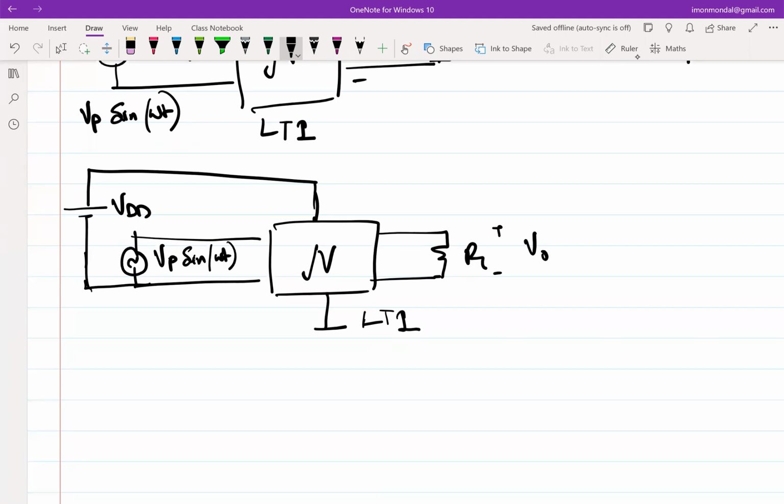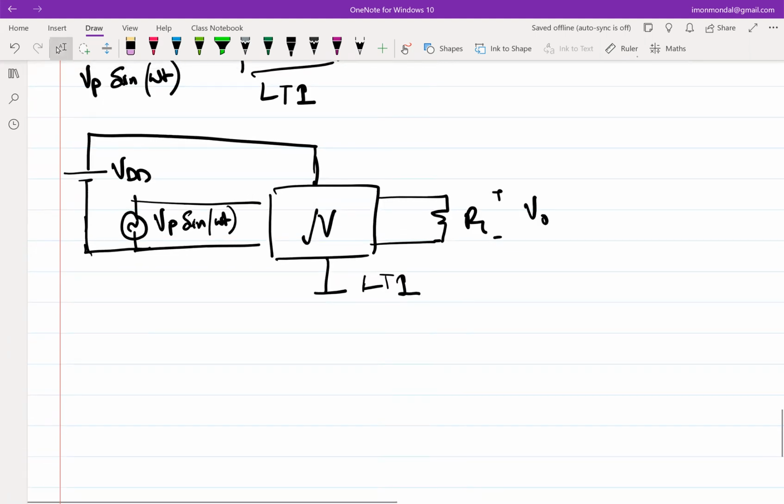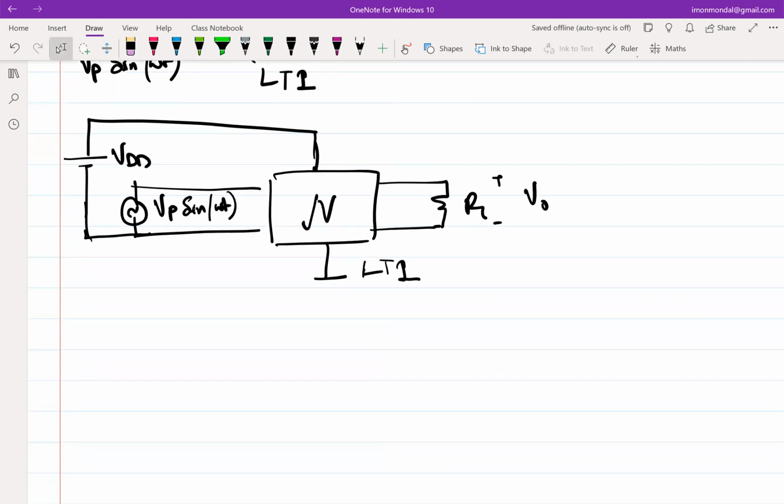So let me do this analysis quickly. We have to assume some things, obviously, because we don't know what the network N is. Since we have said that this is an LTI, I can use superposition, right? So if I use superposition, what can I say? I'll just desensitize one of the sources and find out the output, and do the other one with the other source in the next step.